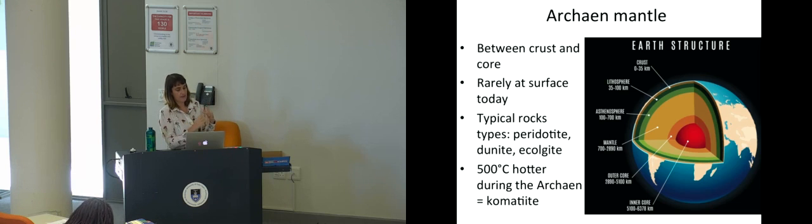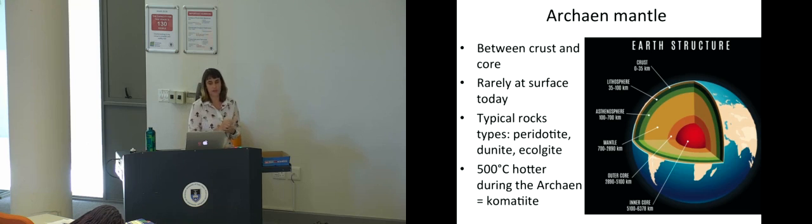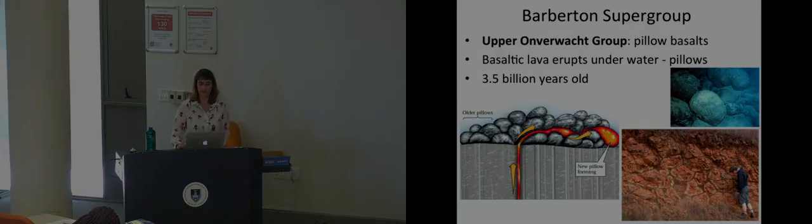Typically they're peridotites, dunites, and eclogites. And so what's happening in the Archean is that we have a hotter mantle and a thinner crust, and there's less crust. So we're getting these mantle-type lavas extruding at surface. So this is quite unique to the Archean time. And that's how we produce komatiites.